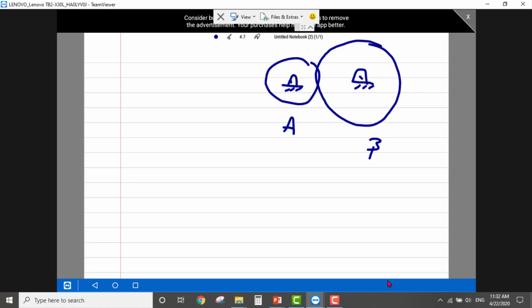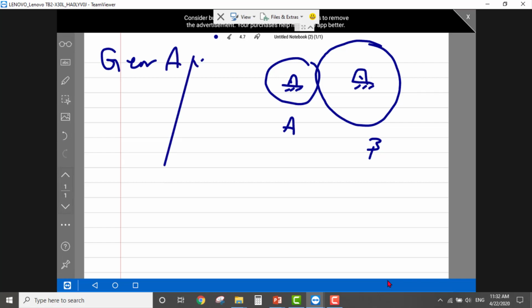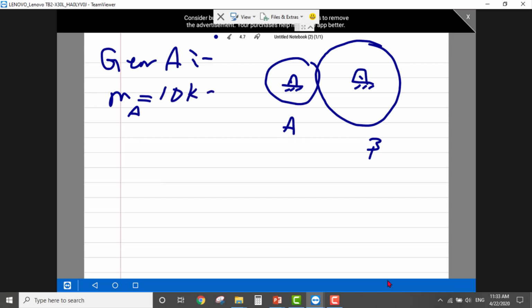Okay. I'll start with the information regarding gear A. The mass of gear A is equal to 10 kilograms, and the radius of gear A from the figure is equal to 0.1 meter.